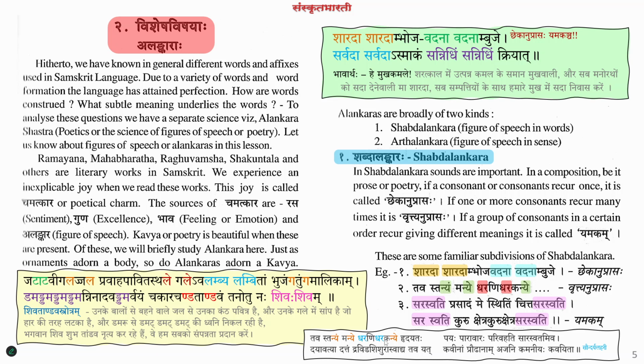Tavastanyam manye dharani dhara kanye hridayatah payah paravarah parivahati sarasvatamiva. So para, a little repetition is there. Then, dayavatya dattam dravida shishur aswadya tava yat kavinam praudhanam ajani kamaniyah kavayita. Maybe he is offering the prayer to his own mother, I feel, because stanyam means mother's milk in this context.